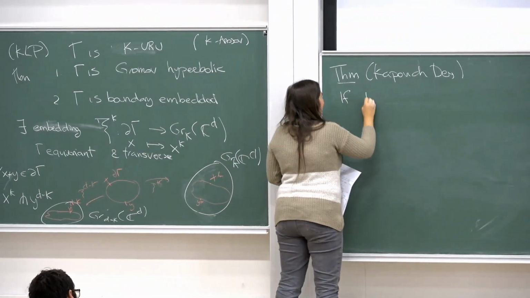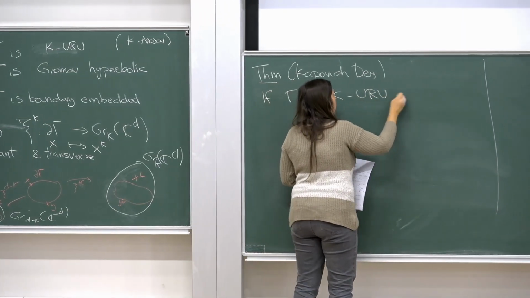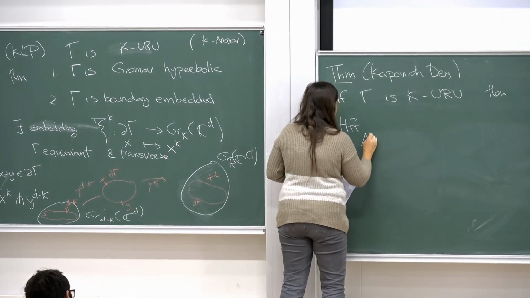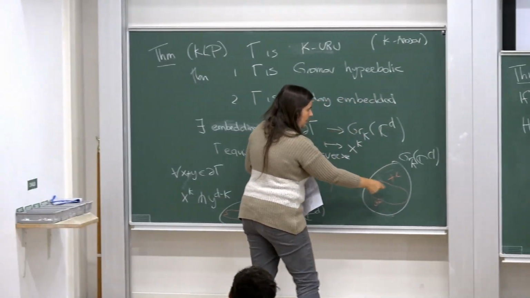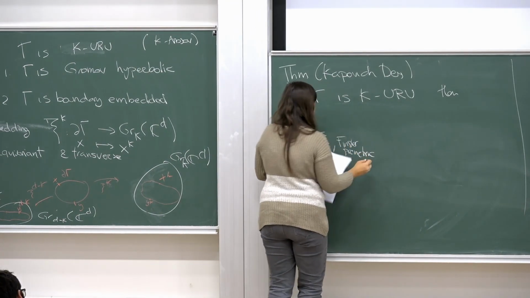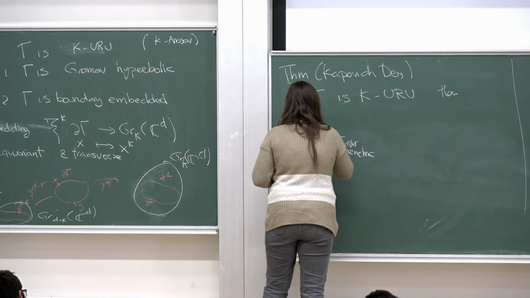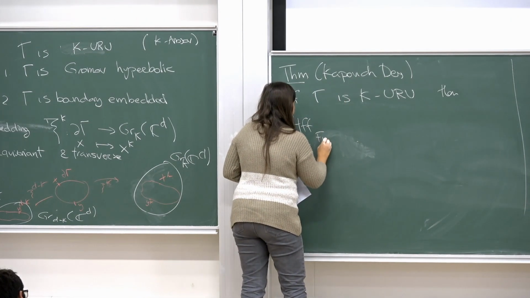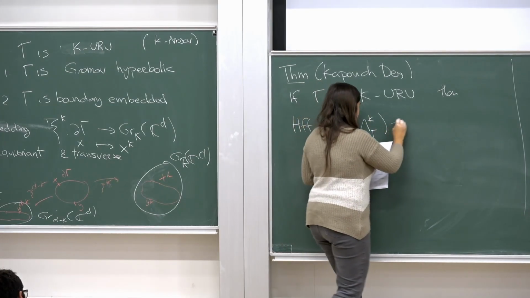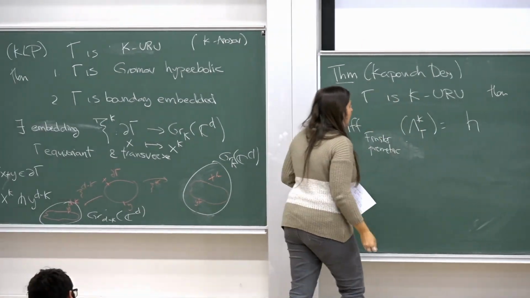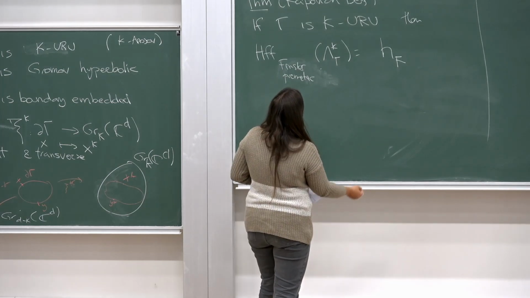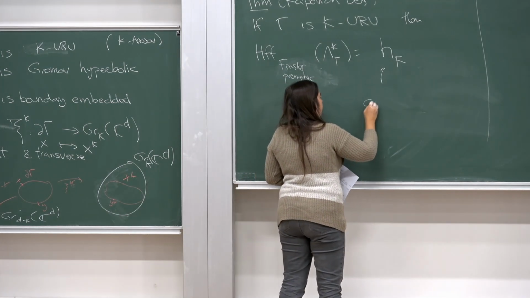That if gamma is k-Anosov, then the Hausdorff dimension of the limit set Lambda_gamma^k in the k-Grassmannian of subspaces, with respect to some Finsler premetric, is equal to the orbit growth rate with respect to some Finsler norm. So this is the orbit.